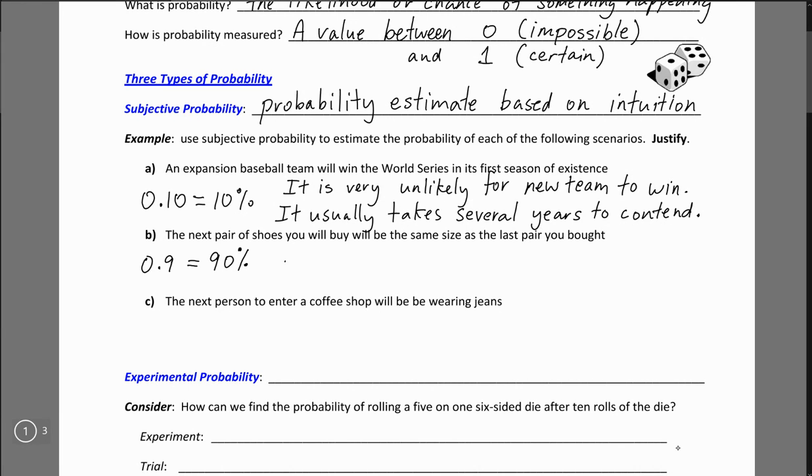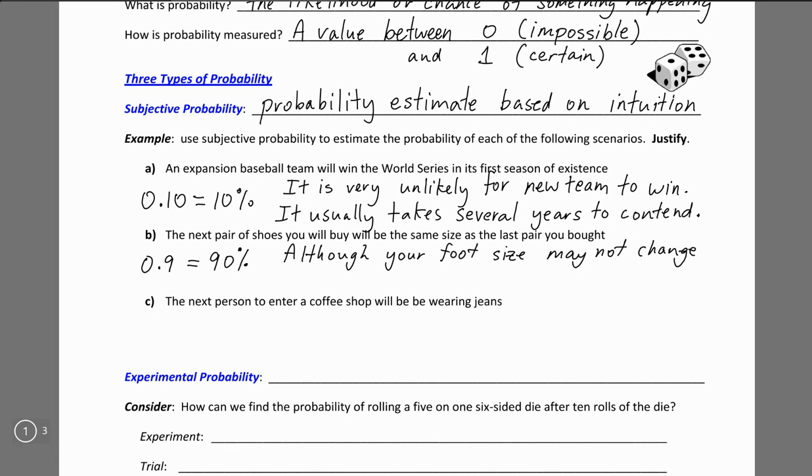So I'm going to say here, although your foot size may not change, so even if it does not change, well, why isn't it still 100%? Well, there are also other possibilities too. Different brands have slightly different shoe sizes.